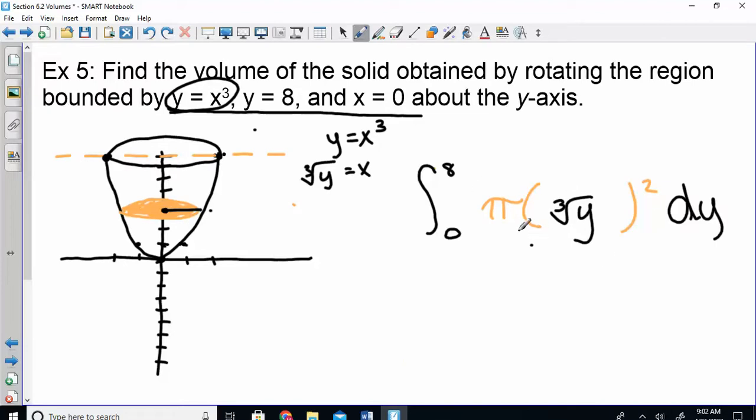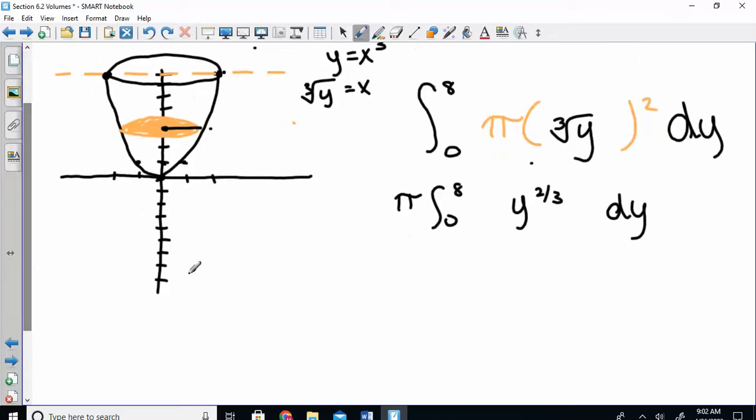Okay, so now we've done the hard part. We're ready to work with this. If you want, you can pull out your pi. A cube root is like a 1/3 power, times 2, so that's a 2/3. So antiderivative, if you add 1 to your power, that's 5/3.